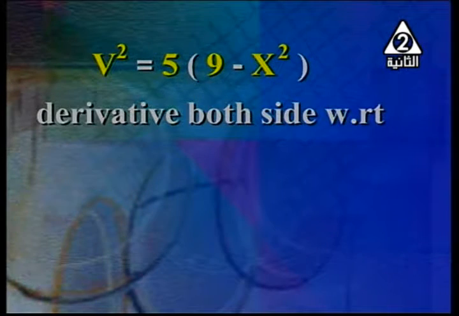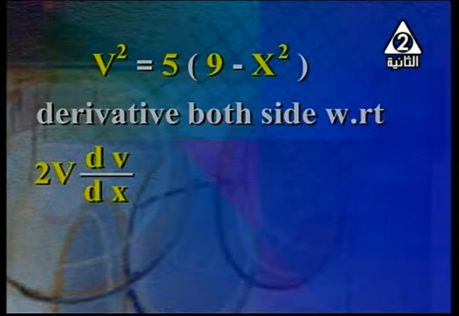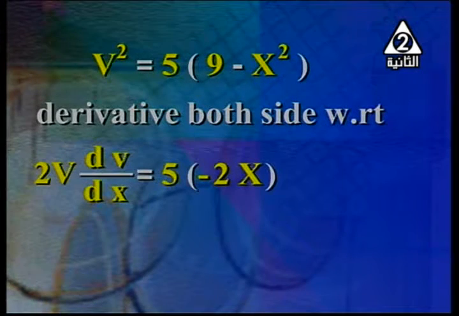By taking the derivative, 2v dv by dx equals 5 times negative 2x. This is the relation between velocity and x.